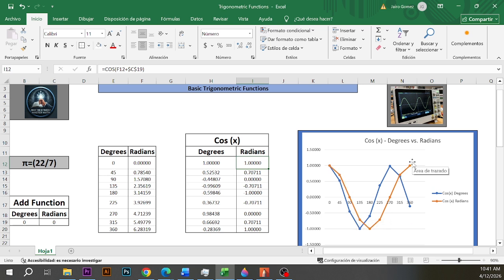A good rule of thumb is that we know that cosine is 1 for 0 degrees, but the giveaway comes by 90 degrees or pi halves. Cosine is 0.